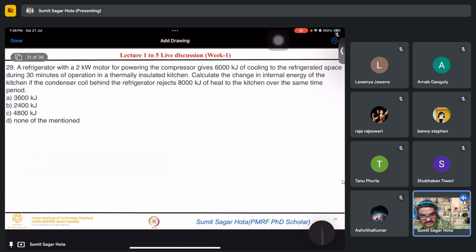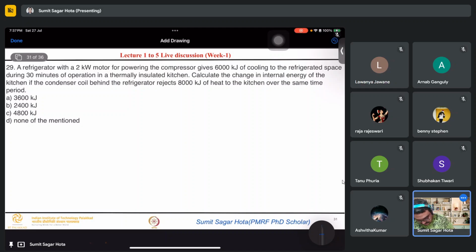Calculate the change in internal energy of the kitchen if the condenser coil behind the refrigerator rejects 8000 kilojoule of heat to the kitchen over the same time period. Okay, this is the question. If you know thermodynamics, the first law of thermodynamics fits very well in this type of question.